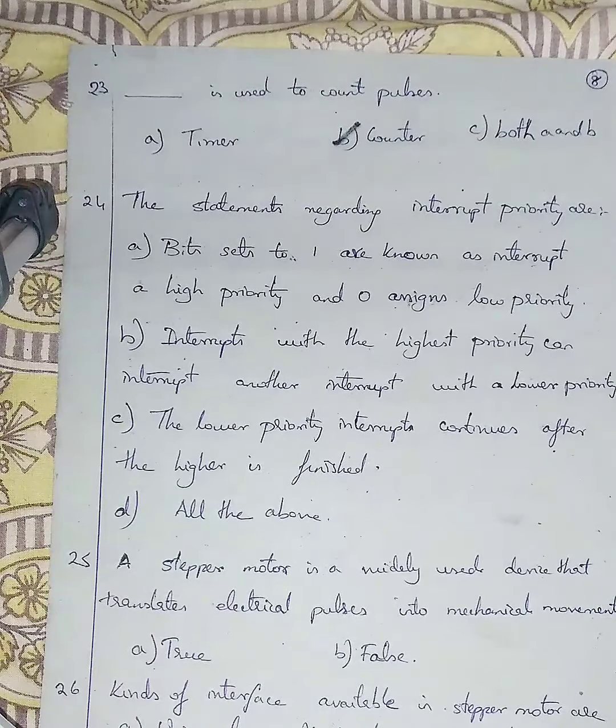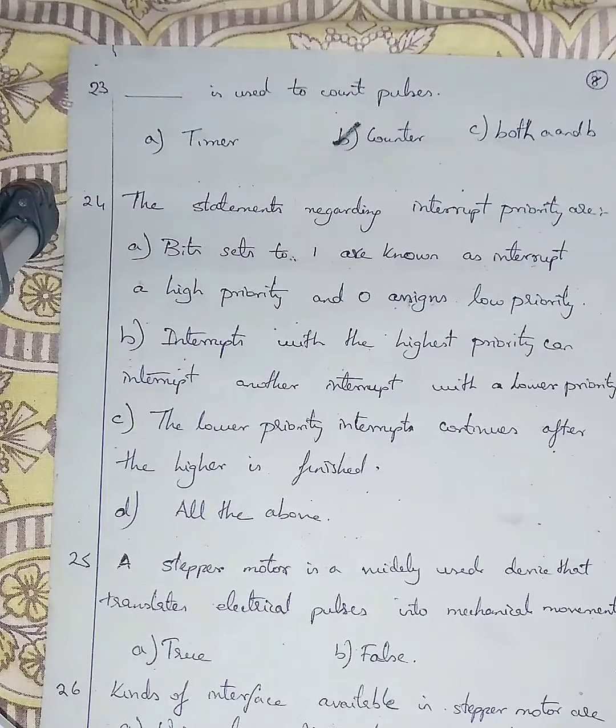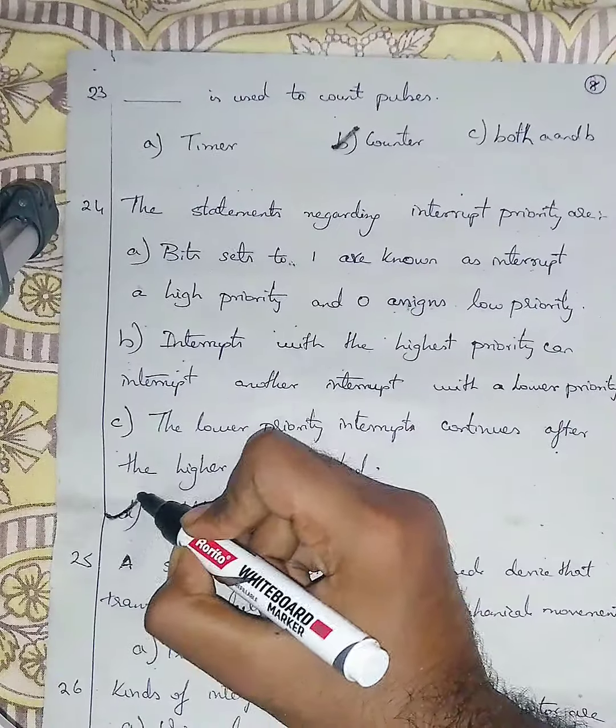If 0 is going on first, then 1 pops up. First 1 is displayed, then after completion of 1, 0 will be displayed. This is the brief of these options. So I'm going with option D, all the above. All three are the statements regarding interrupt priority.